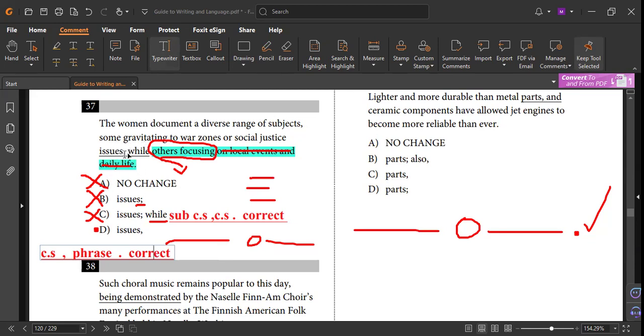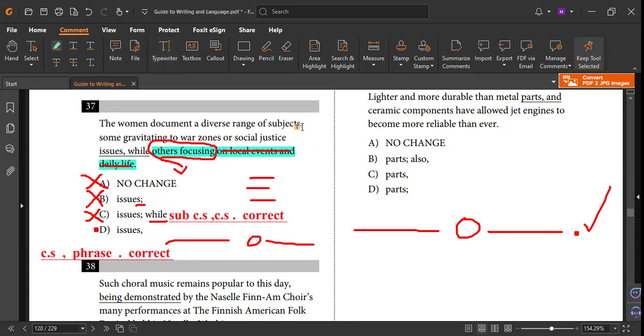After subjects, in the first line. In answer A? In question 37, yes, in the first line, after subjects, there's a comma. And you said that if there's a comma between the two clauses, you have to put a semicolon to not confuse the reader by having two commas.